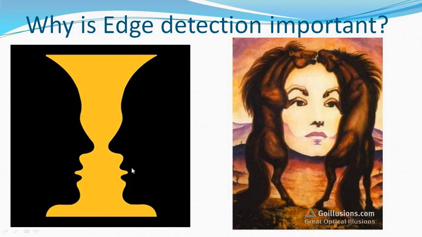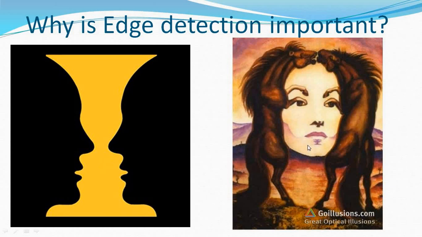But if you link these edges like this, then you will see a face. So there are two faces over here. Basically what our brain does is link the edges, find out the shape, and then you get the perception of the object.